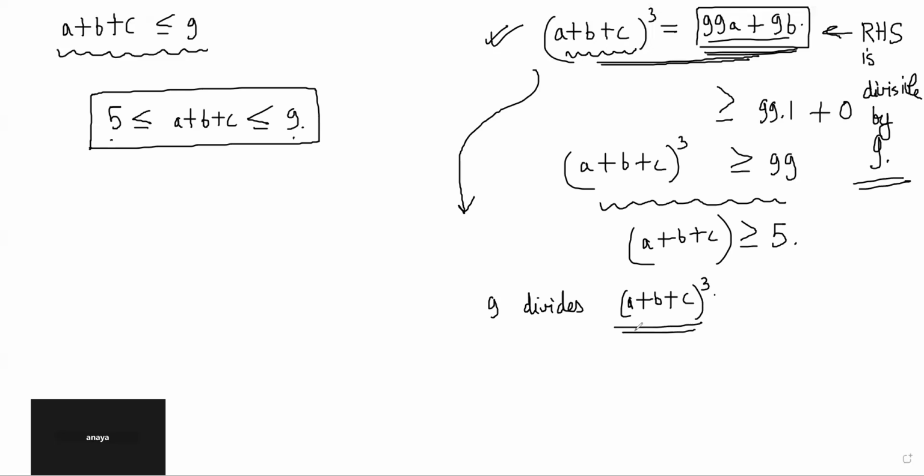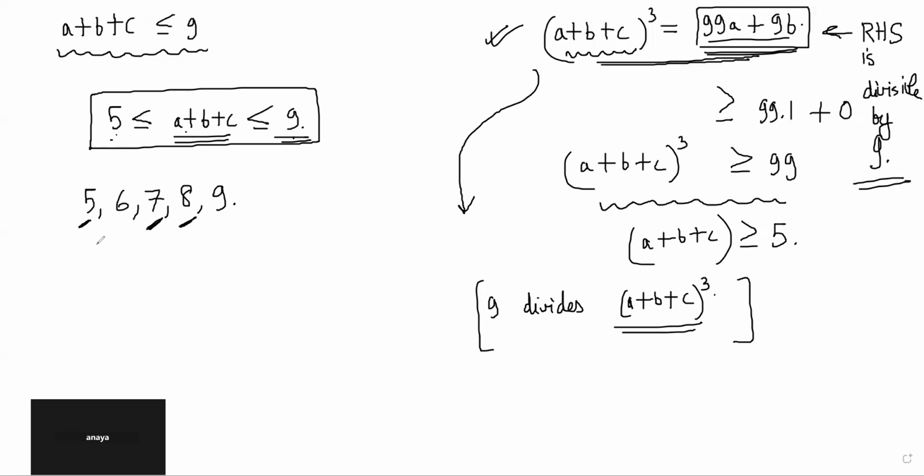So if 9 divides the cube, we only have a few numbers that will work. Think about it. You need at least a 3. If you take 5, 6, 7, 8, 9, you cannot take a plus b plus c equal to 5. You cannot take 7. You can't take 8.